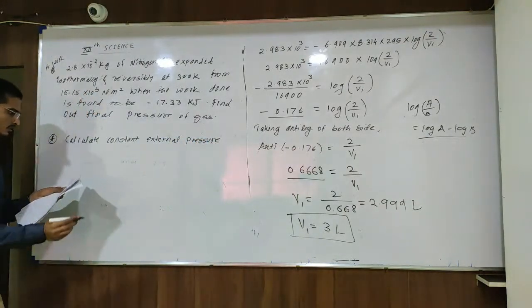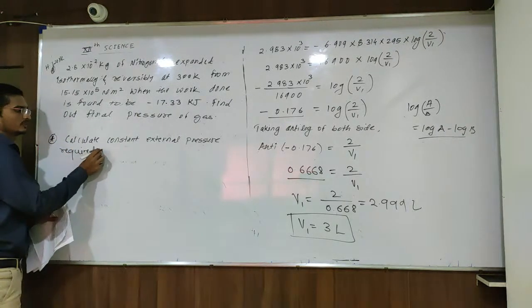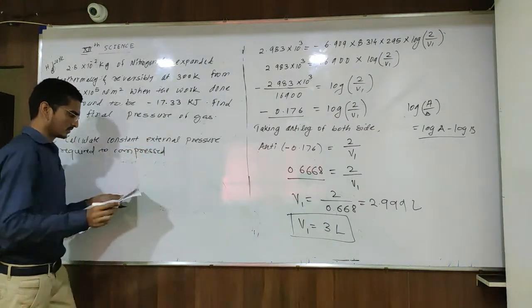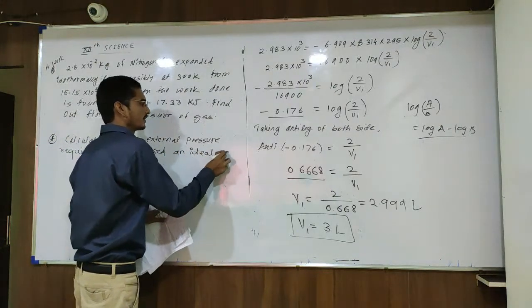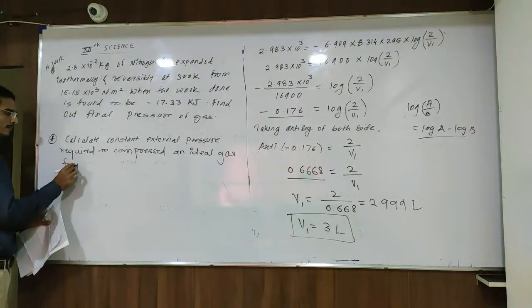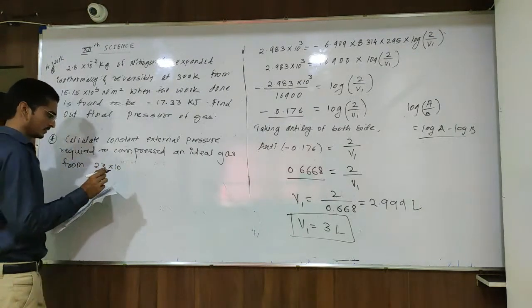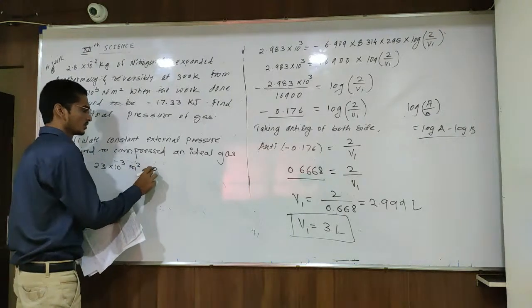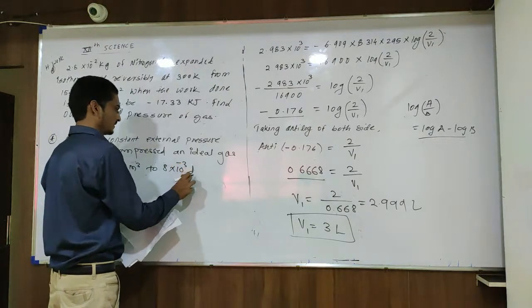Calculate external pressure required to compress an ideal gas from 23 into 10 raised to minus 3 meter cube to 8 into 10 raised to minus 3.